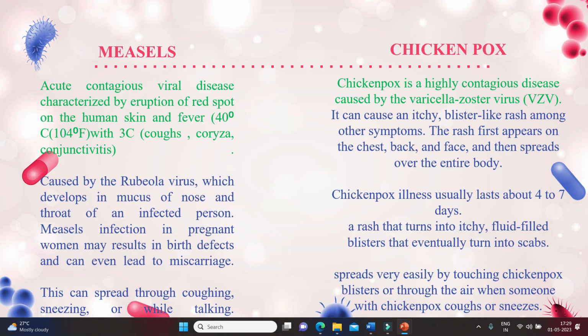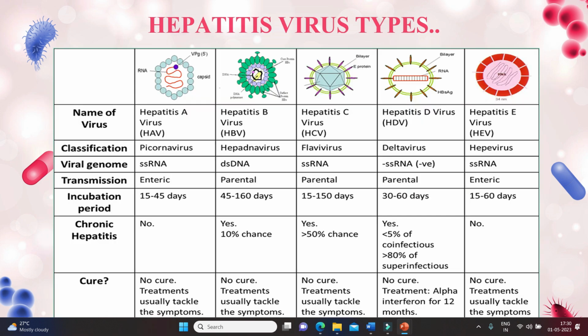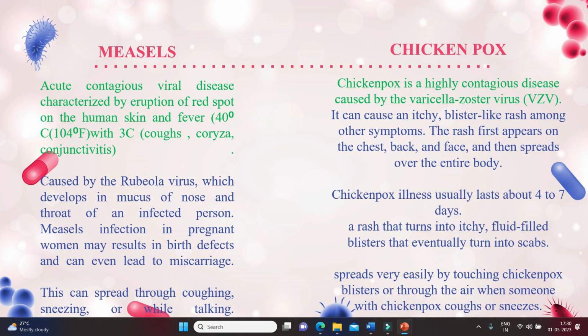The incubation period of C is 15 to 150 days, and of hepatitis D is 30 to 60 days. In hepatitis C, more than 50% of cases lead to chronic hepatitis. There is no cure for hepatitis B, C, and D, and as usual E also, but we can treat with alpha interferons and tackle the symptoms.